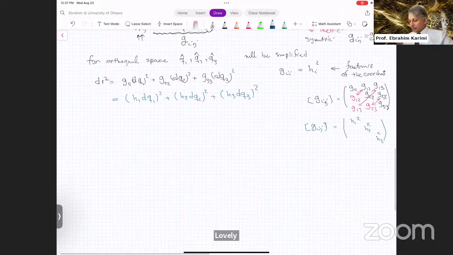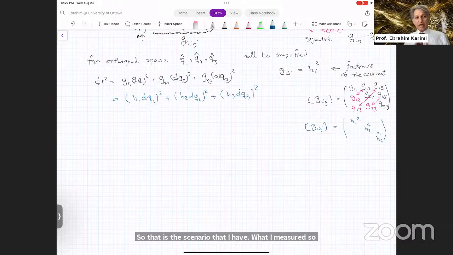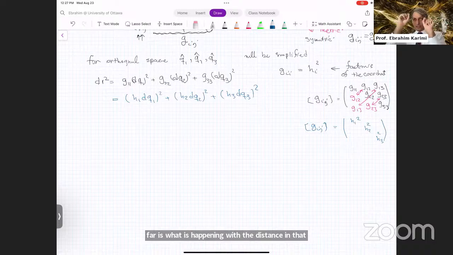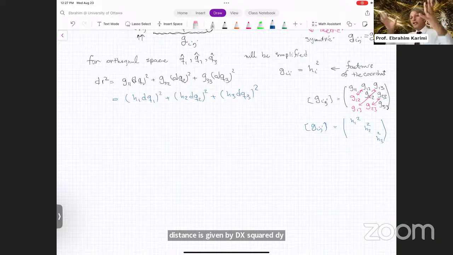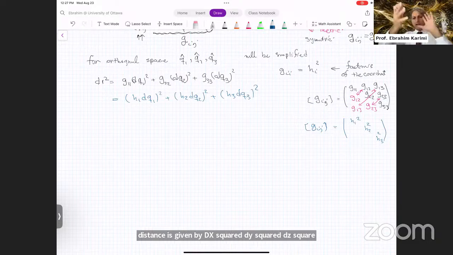So that is the scenario that I have. What I measured so far is what is happening with the distance in that space. I had the Cartesian coordinate, and I say that the distance is given by dx squared, dy squared, dz squared. And the same distance, I will explain in another coordinate, maybe spherical coordinate.